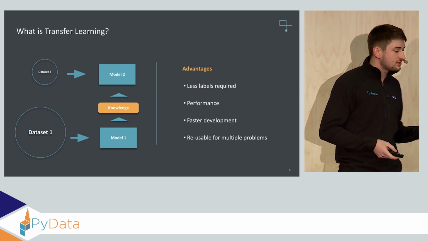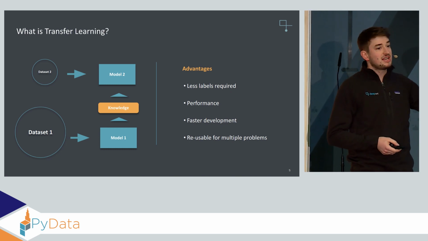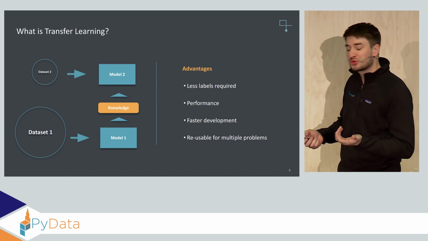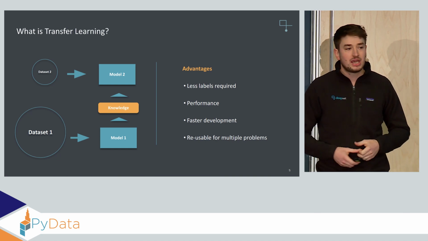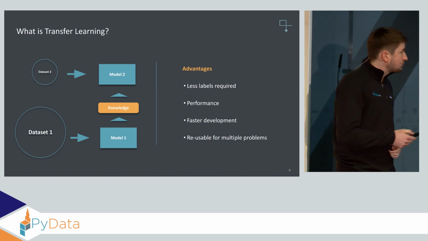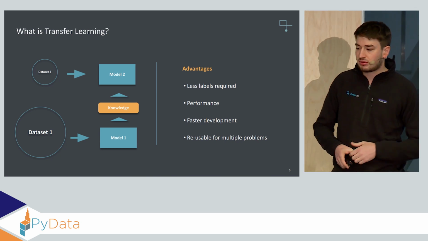The advantage of that is mostly you need less labels for your task and you get a better performance. This is, I would say, pretty much the sweet dream of every machine learning engineer, better performance with less labels, and it also enables a lot of applications in the industry. Two other advantages that are not mentioned that often, but are for me quite important.